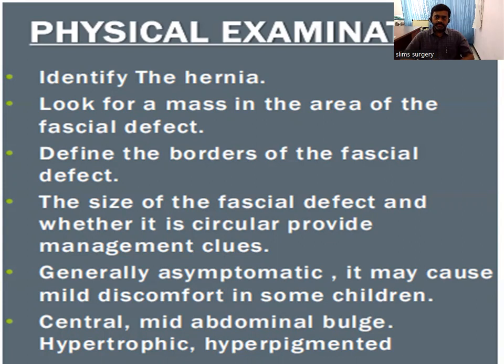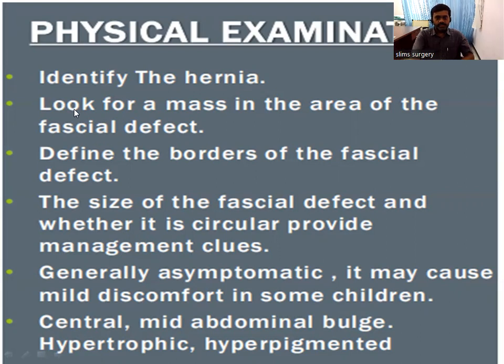Then mobility, you should check for the mobility, pulsation. Suppose if you get a cystic swelling, you should check for transillumination and fluctuation. Okay. So most of the time in hernia, you won't do fluctuation and transillumination. So these are the things given in the slide.